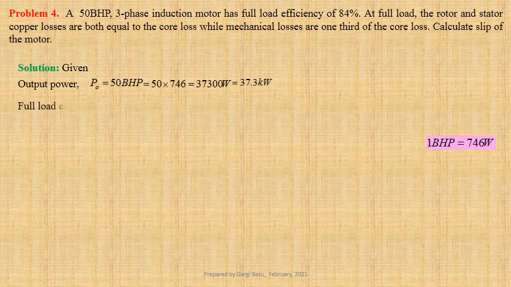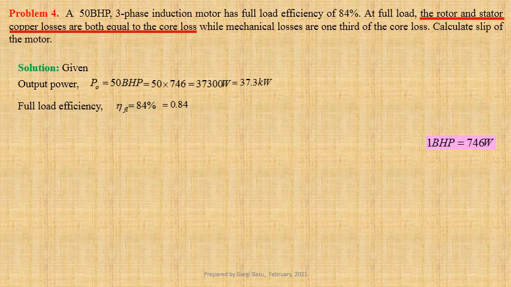Given full load efficiency, eta FL equals 84%, that is equal to 0.84. Since frequency of rotor induced EMF is very small, rotor iron loss is negligibly small. Therefore, we consider only stator core losses. According to the problem statement, the rotor and stator copper losses are both equal to the core loss.